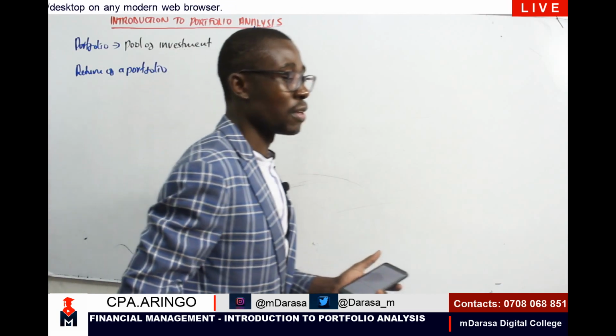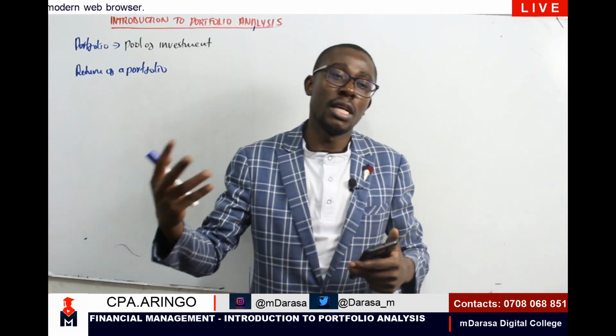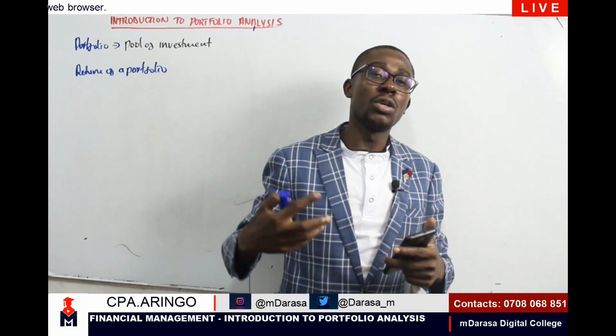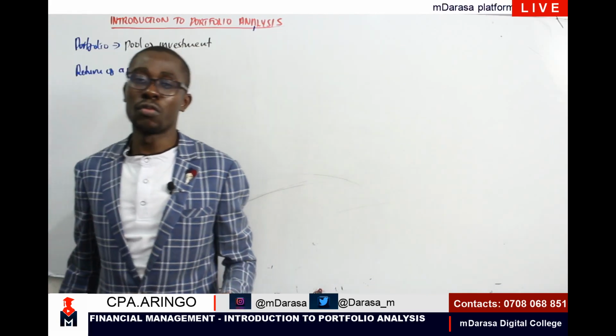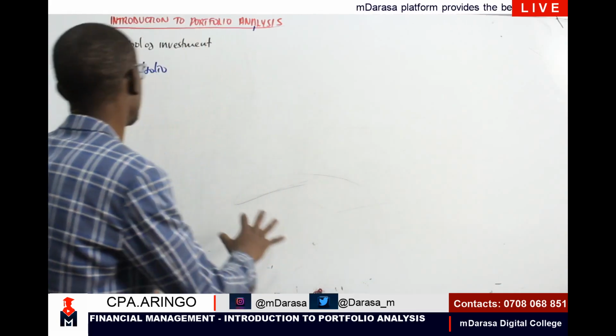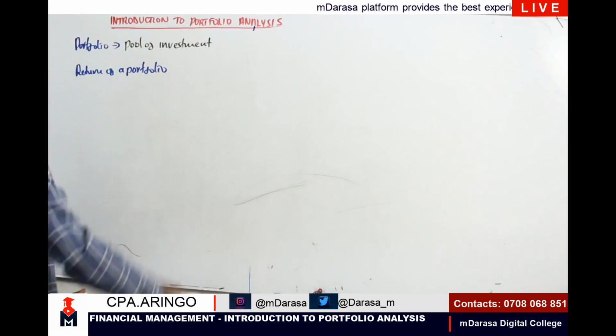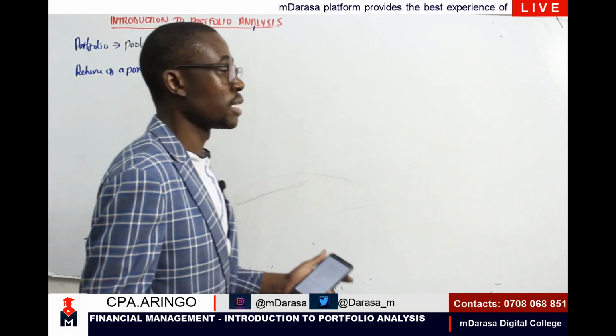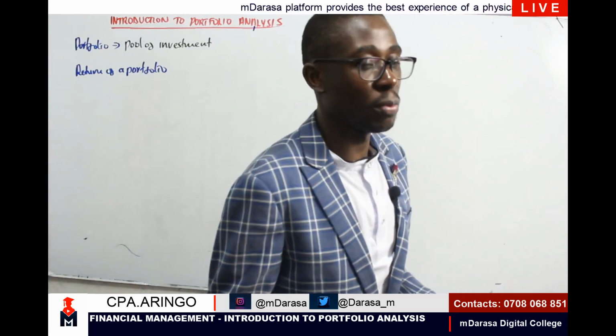So I've invested in these pools that we do have, so that at the end of the day, looking at the returns that we've earned out of these portfolios, I'm having, say, 3 or 4 investment projects. The returns that we're going to generate in our pool of investments is what we'll be terming as return of the portfolio.